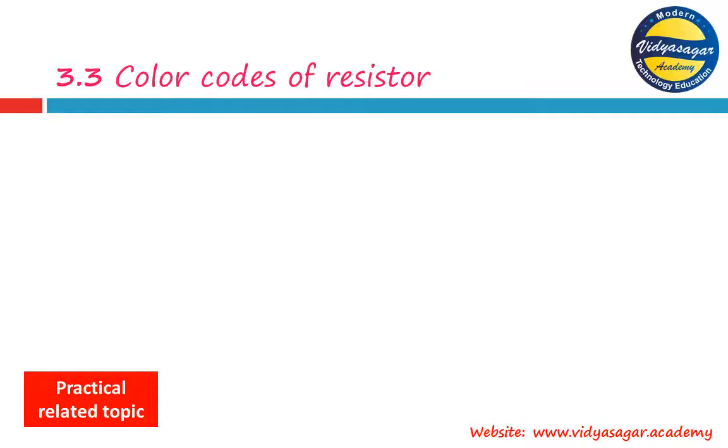Now we shall see how color codes can be used to evaluate the value of a resistor. We know that color rings are printed on the cylindrical body of every resistor, so using those color rings we can evaluate the resistor value. For example, suppose we are given one color combination, say brown, black, brown. To evaluate the value of this resistor, we shall use the chart given on page number 40.